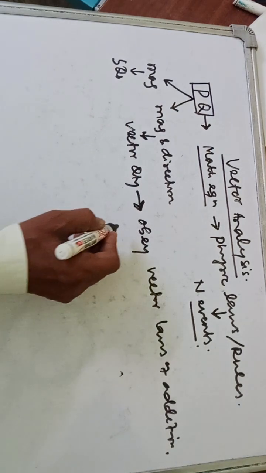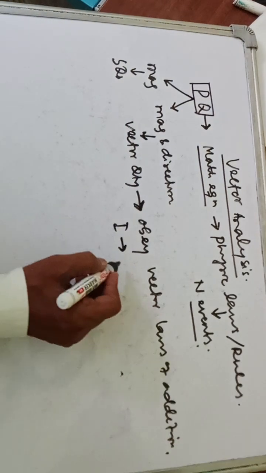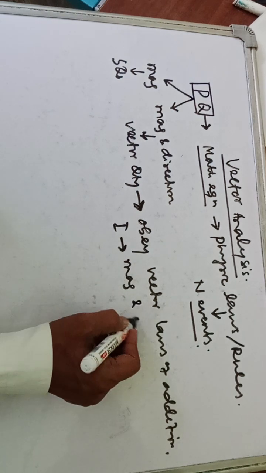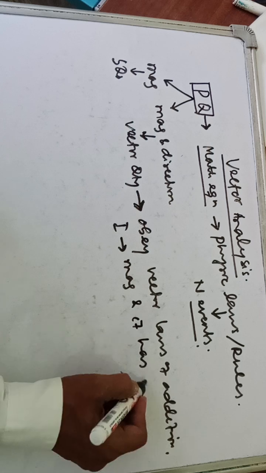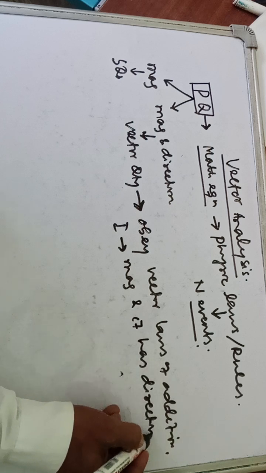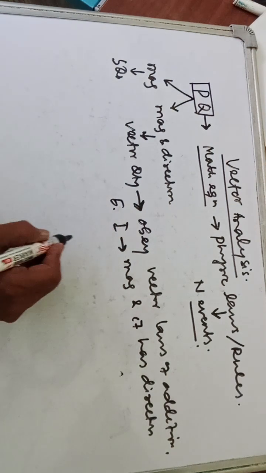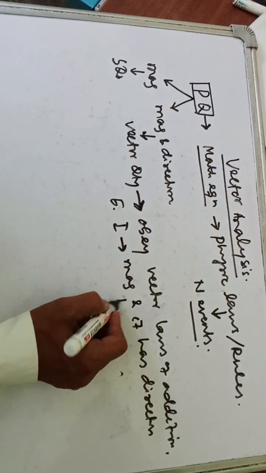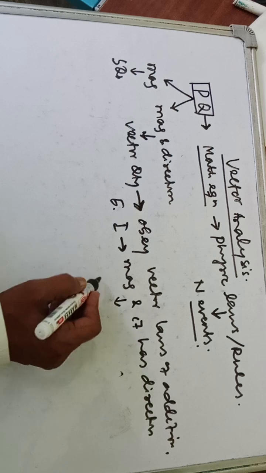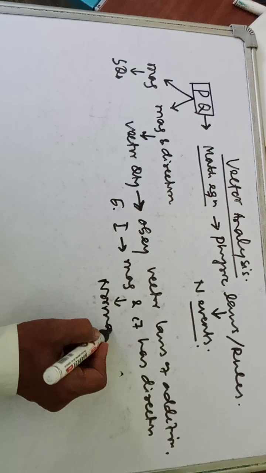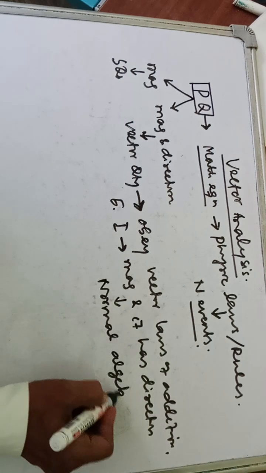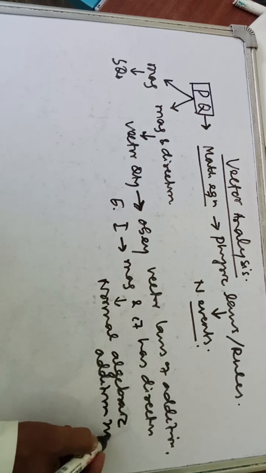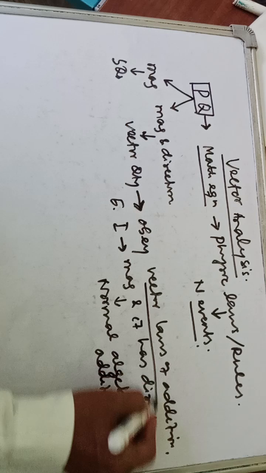Example, current has magnitude and it has direction also. Electric current has magnitude and it has direction also, whereas it follows normal algebraic addition rules, not vector laws of addition.